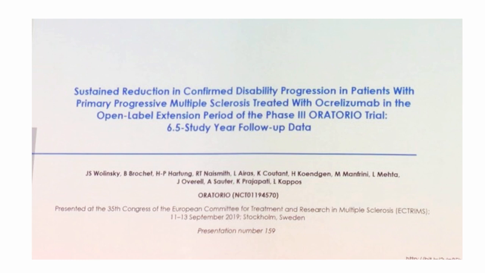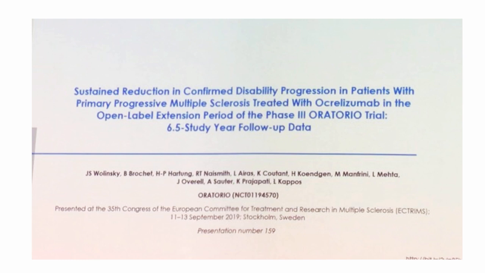Siponimod for secondary progressive MS. Now, if we look at the ocrelizumab study data, they presented in primary progressive MS their 6.5-year data, which was also interesting in the outcomes they had in the extension study.